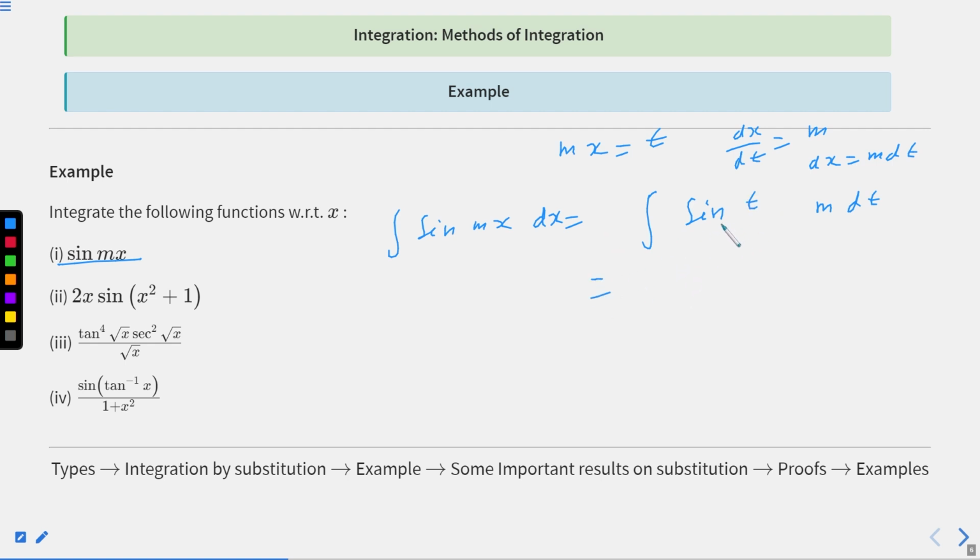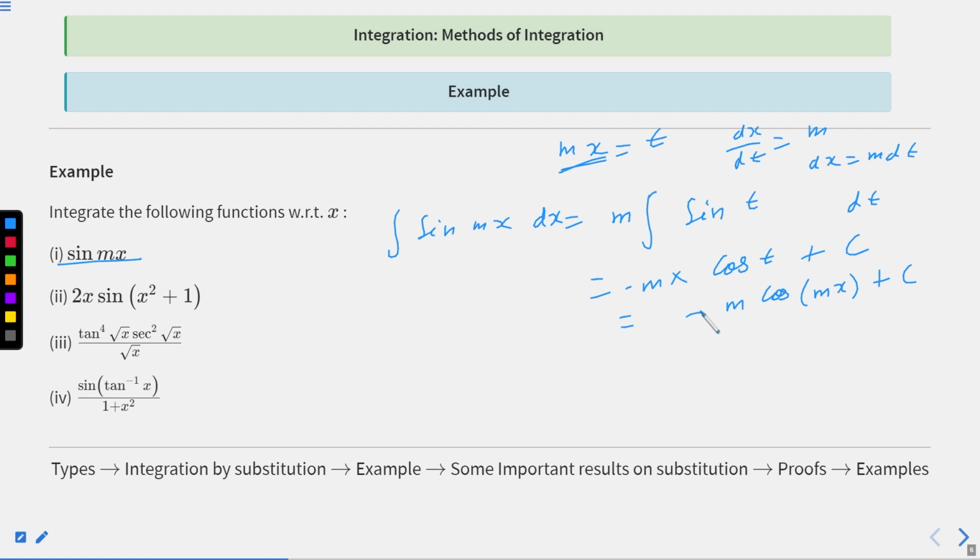Integration of sin t you all know, and you can take m outside using the result. Now m multiplied with sin t dt, so the integral of sin t will be minus cos t, as you all know. So your final answer will be minus m times cos t, plus some constant. Now replace t with the original thing, which is mx. This will be your final answer.